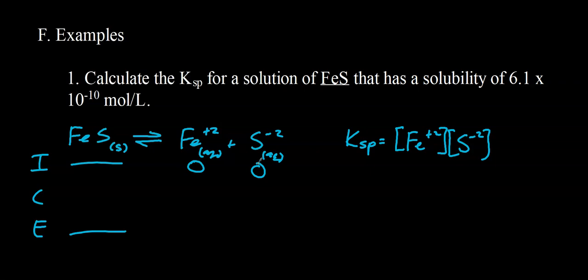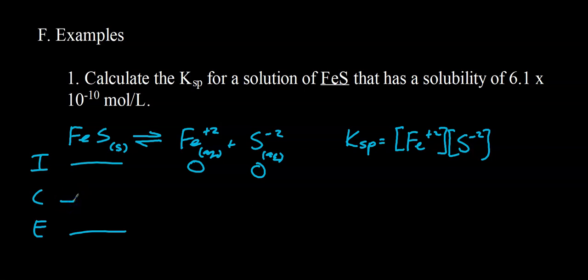But how about this? When you put FeS in water, what happens to it? Well, some of it dissolves. What do we call the amount of the substance that dissolves? That is known as solubility. Though the concentration is not going to change, the amount is going to change, and we're going to indicate that here.